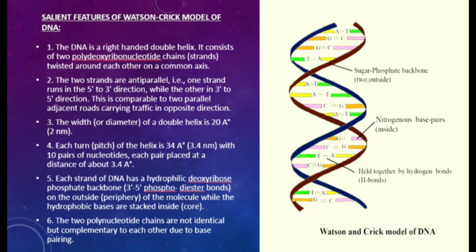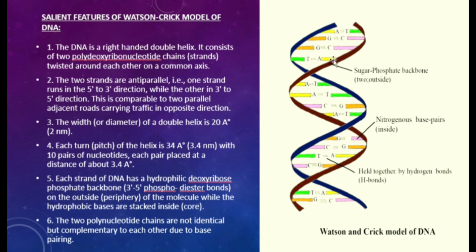So the width of the double helical structure is 20 angstrom, which is 2 nanometer. Each turn of the helix is 34 angstrom, that is, 3.4 nanometer, with 10 nucleotide base pairs within it. So each nucleotide is placed at a distance of 3.4 angstrom and each strand has a hydrophilic deoxyribose phosphate backbone.